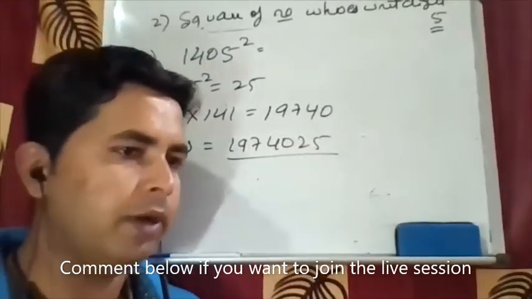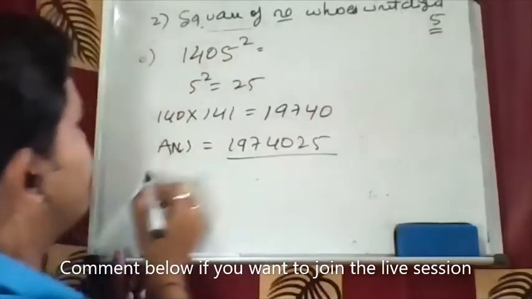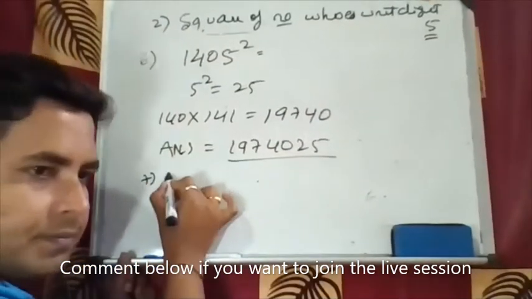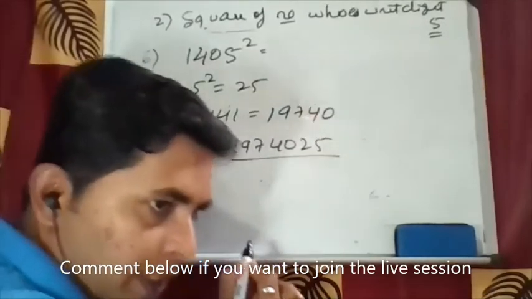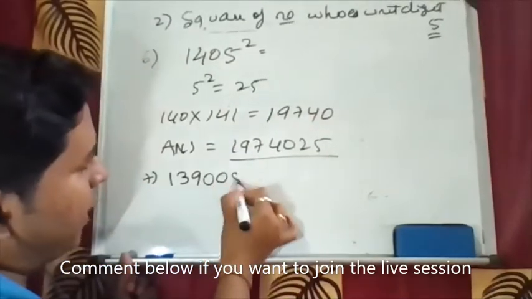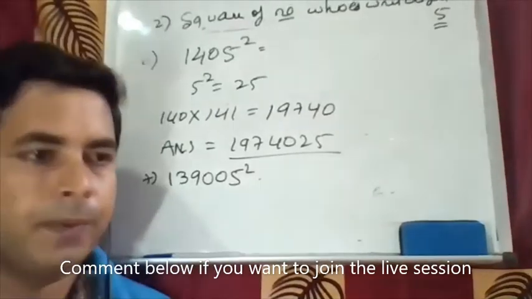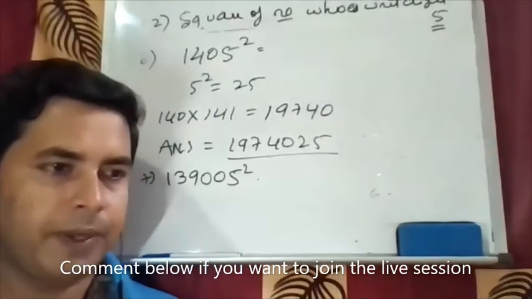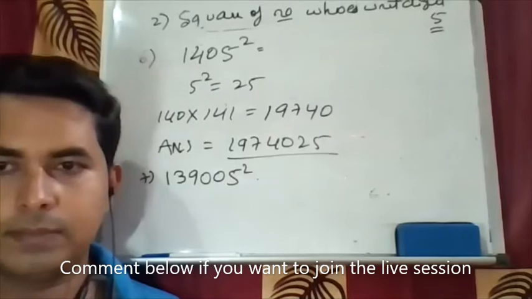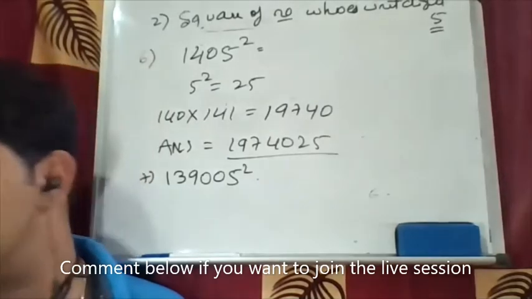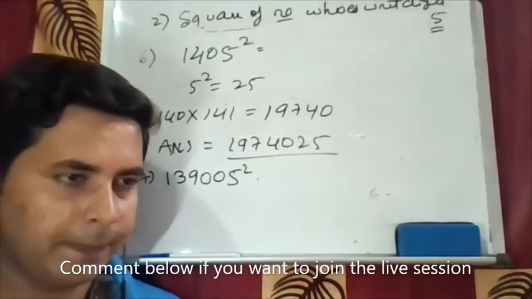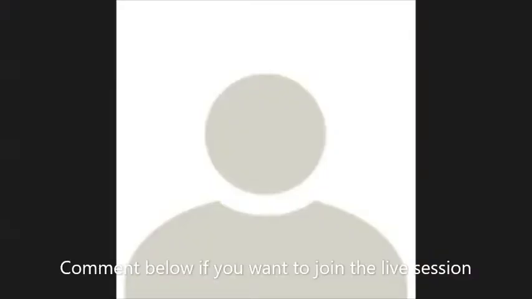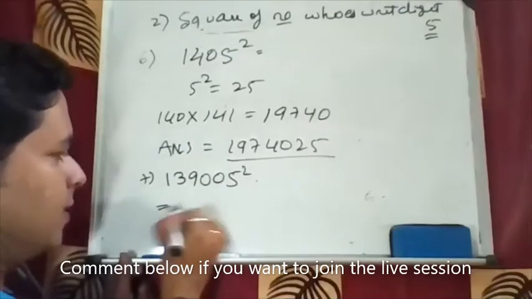Take one more example. 139005 square. So what will its answer be?